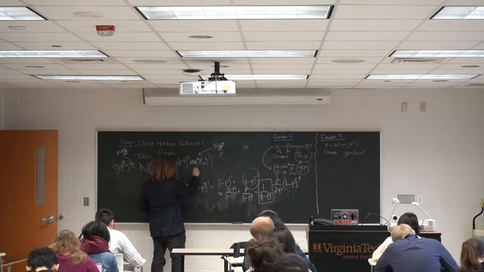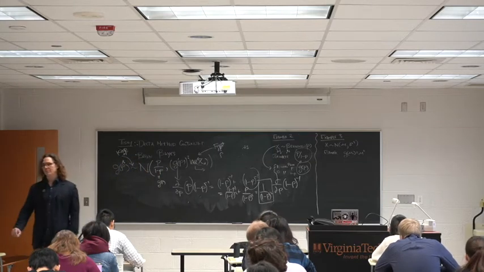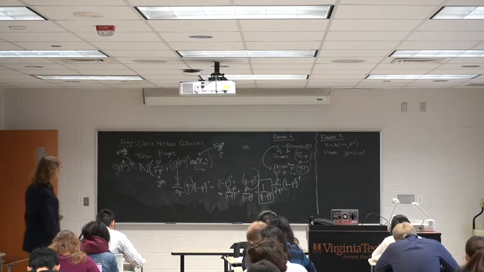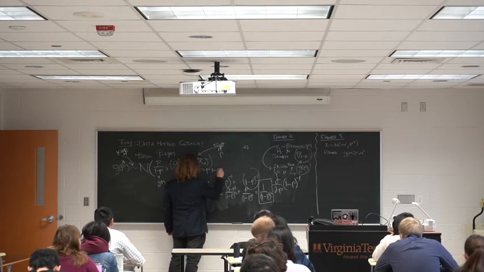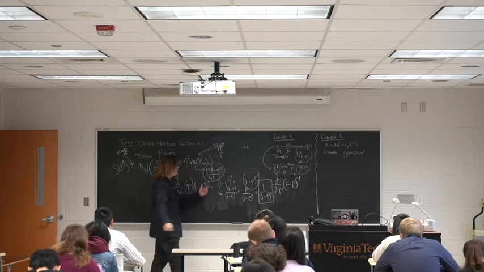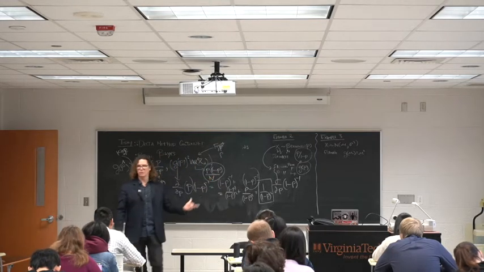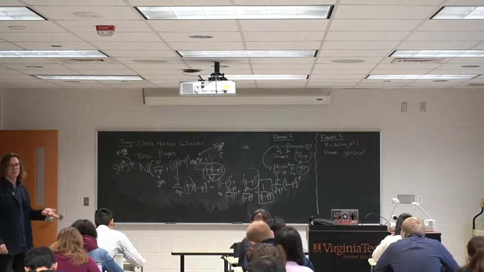What's this? p times (1 minus p) over n. The variance of each xi is p times (1 minus p). Ask yourself if you can prove that. If you can't, go and do it.